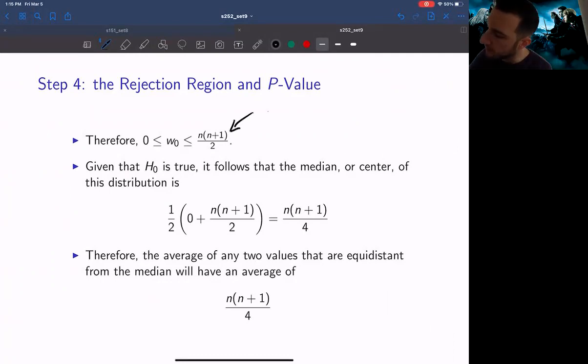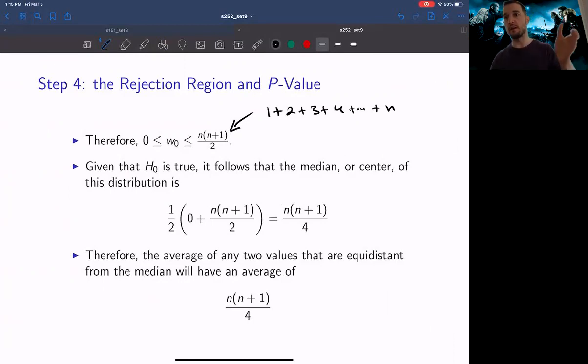Now this quantity is simply 1 plus 2 plus 3 plus 4 up to n. It's just a short form for that expression. So you can sum any set of consecutive numbers from 1 up to any value by doing the number of values times the number of values plus 1 over 2. Like if you wanted to sum from 1 to 100, you would do 100 times 101 over 2, and you would get that sum.